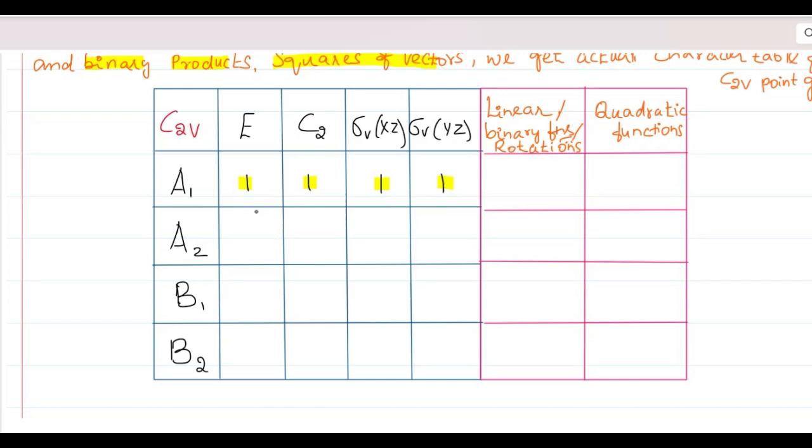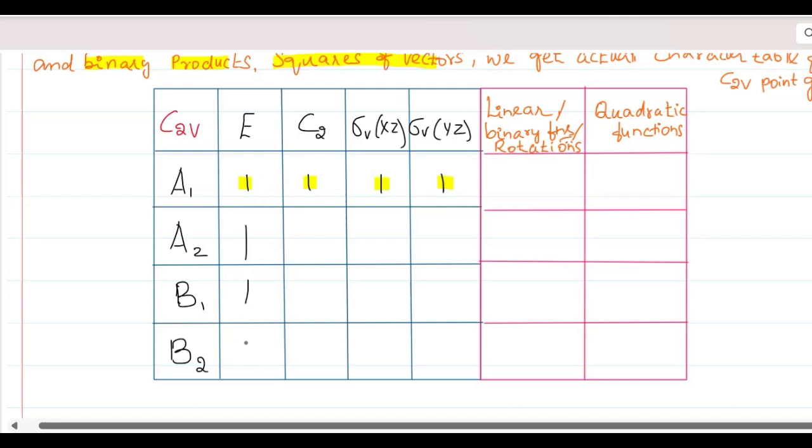But here we just write whatever result we have obtained, the characters of the various symmetry operations against the irreducible representations. Then here it will be 1, minus 1, minus 1, then minus 1, 1, minus 1. So here it will be minus 1, minus 1, and 1.